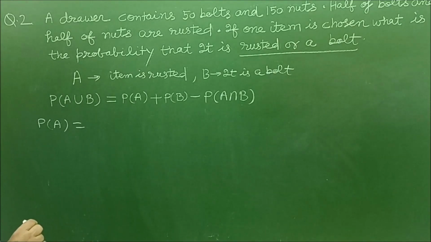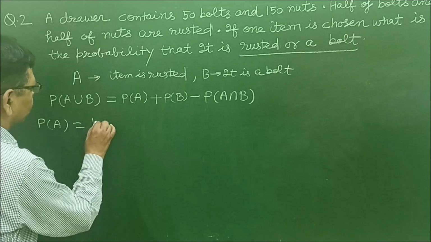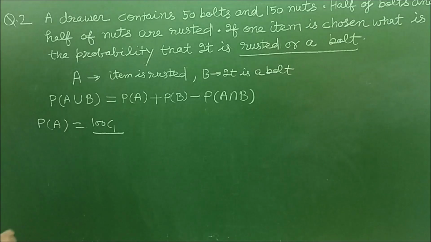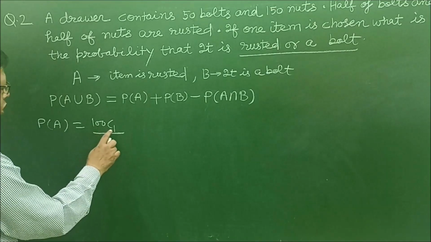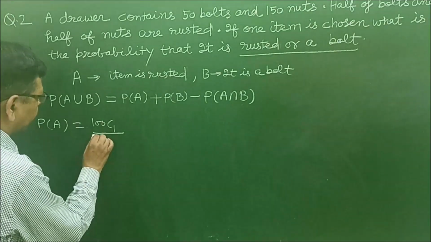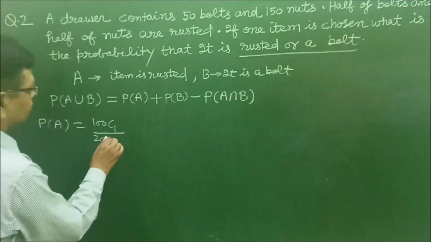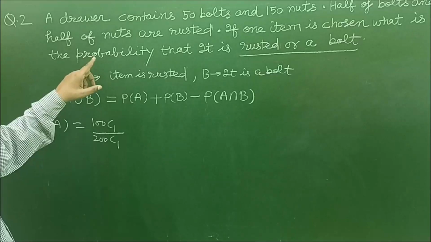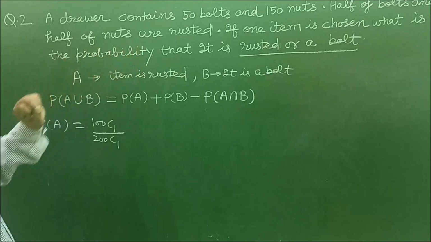Half of the bolts and half of the nuts are rusted, that is 25 bolts and 75 nuts, in all 100 items rusted. So out of 100 rusted items you need to select one item, and out of 200 you need to select one, because in all there are 200 items, that is 50 bolts and 150 nuts.